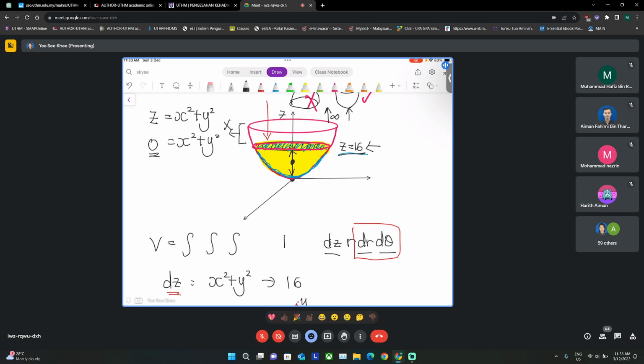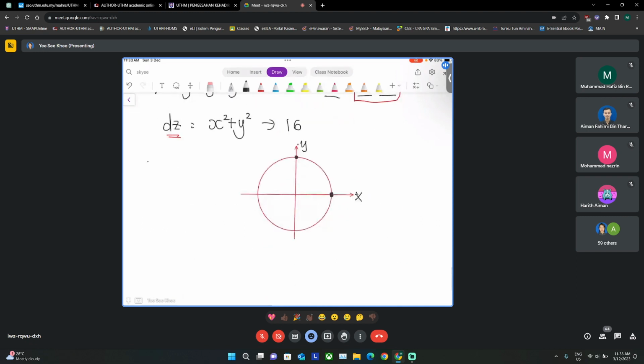So you take this 16 and put it in the equation of the paraboloid. It becomes 16 equals x squared plus y squared. So obviously you can see that your radius is equal to 4. It's not 16, it's 4.